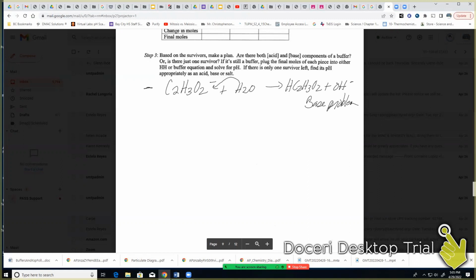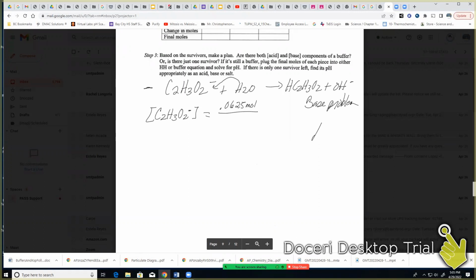Another thing that changes here is that when we start working in these, now we're going back to concentration, back to molarity, which is what we do most of our things with. So I need to figure out my concentration of this acetate. So we said there was 0.0625 moles left.